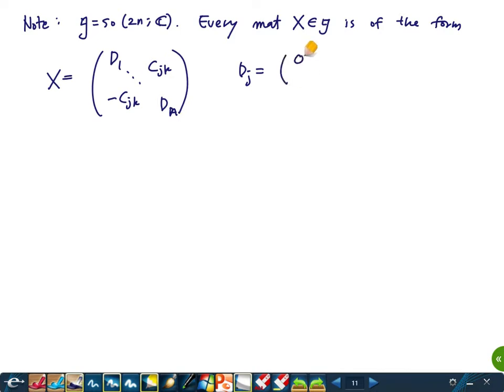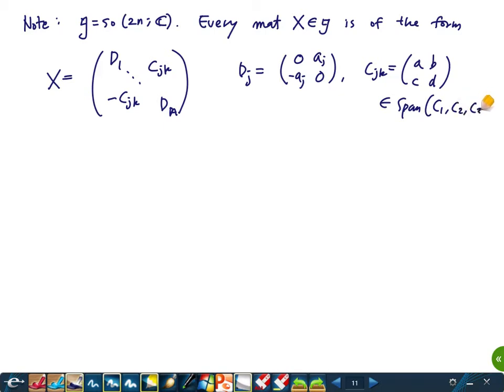So it is really of this form. And c_jk can be any 2 by 2 matrix, right? But this is inside a span of these basic matrices c1, c2. That means every block diagonal matrix is inside H, right? And the others are inside a span of the X_jk.